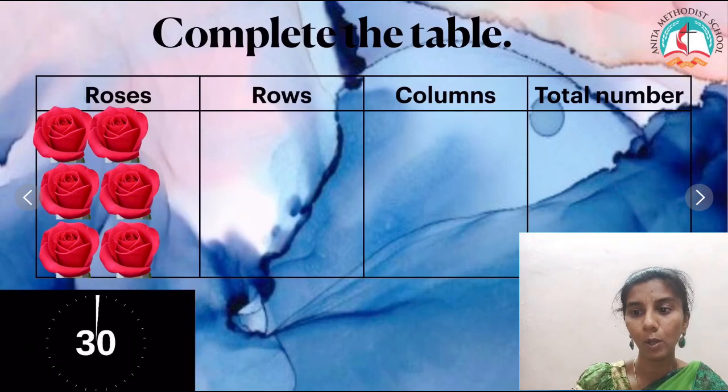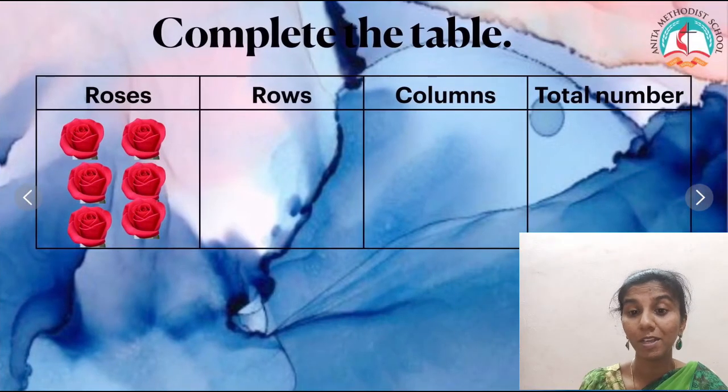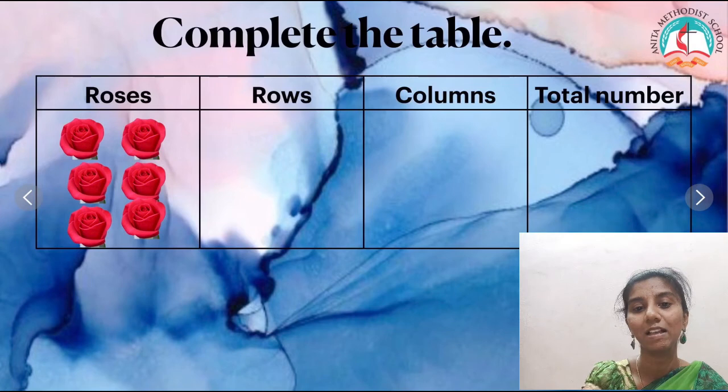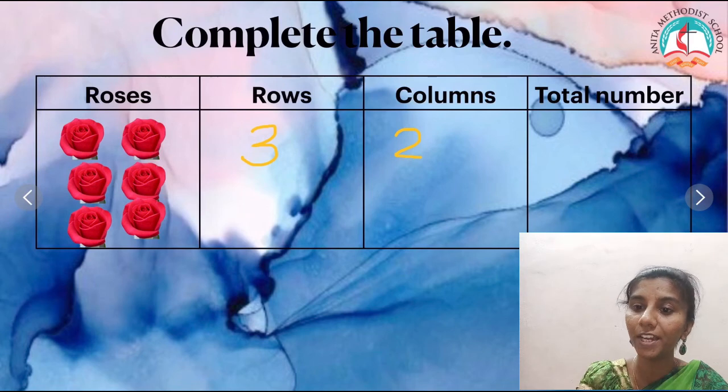Finish? Okay. Now tell me, how many rows? Shall we count the rows? Yes. 1, 2, 3. So how many rows do we have? 3 rows. Okay, how many columns are there? 1, 2. So how many columns do we have? 2. So how will you write?